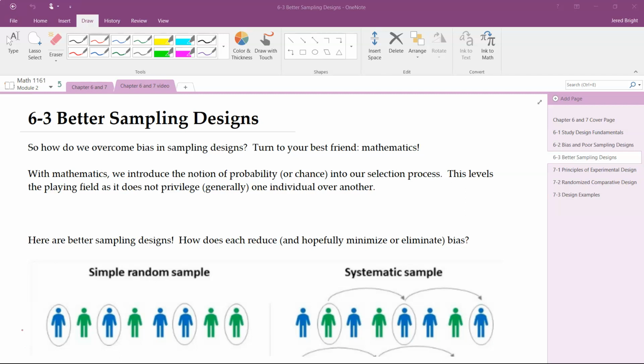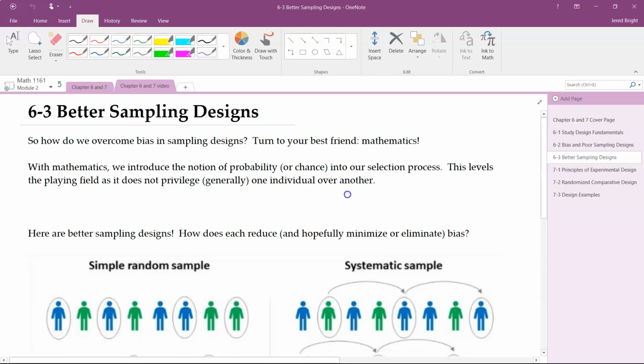And this idea is, even though it is a system, it does not favor one person over another. That's the whole idea. So it is not biased in that regard. While it is a system, it does not favor one group over another.